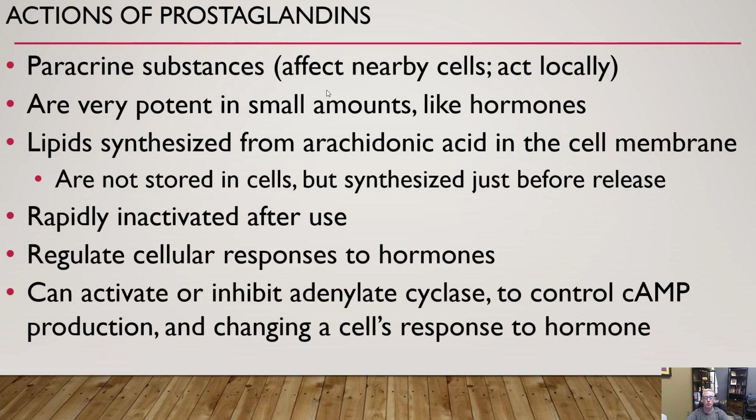They are not stored in cells, but they are synthesized just before release. They're rapidly inactivated after use, and they can activate or inhibit that cyclic AMP, that adenylate cyclase, to control that second messenger, cyclic AMP, that we talked about a few slides ago, to change a cell's response to a specific hormone.